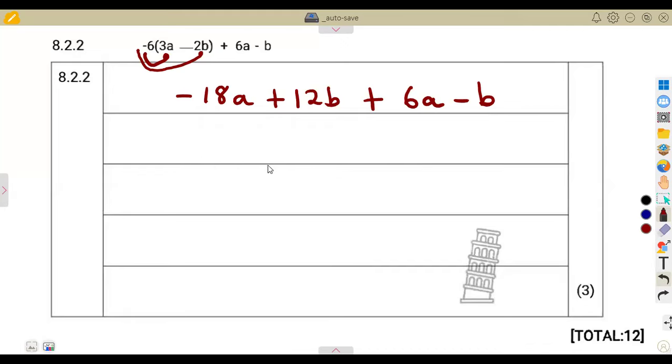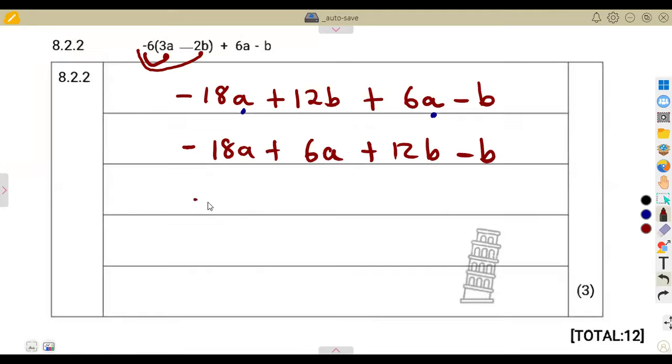Let's collect your like terms. We're going to take the part of a, this one. That's minus 18a plus 6a. Then the part of b, plus 12b minus b, like this. Then if you add minus 18 plus 6, guys, I can't even show the calculator now because see what happened.